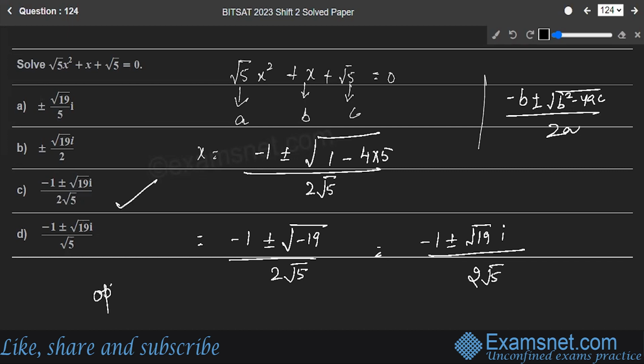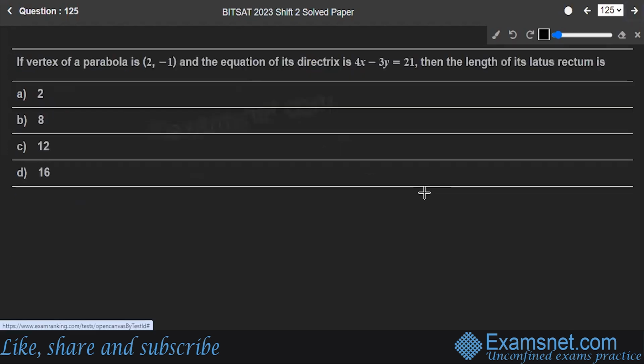So option C is the right answer. Hope you understood that. Here you know iota is equal to root of minus 1. Next is question number 125.